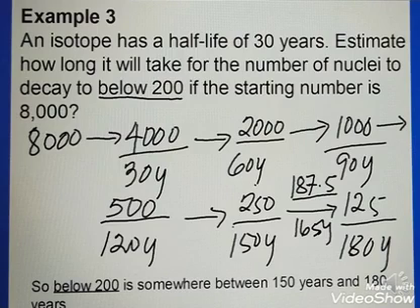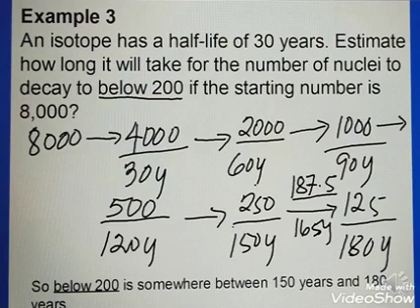On its 120th year, 1,000 falls to 500. 500 falls to 250 after 150 years and falls to 125 after 180 years.